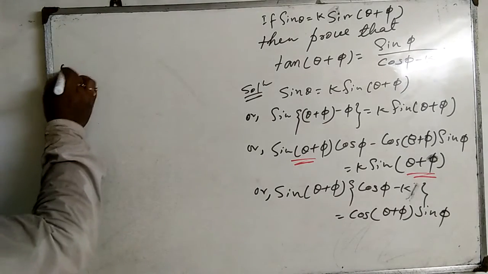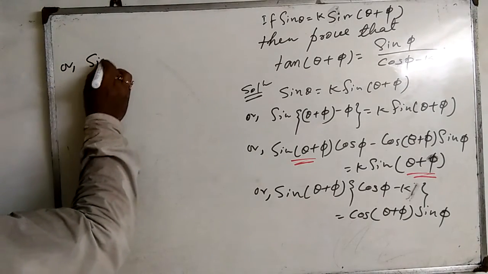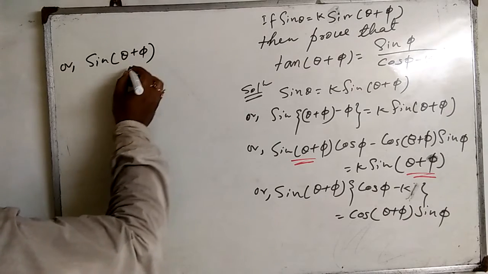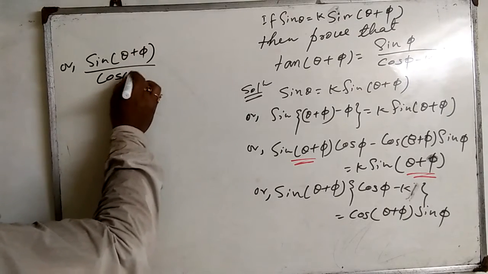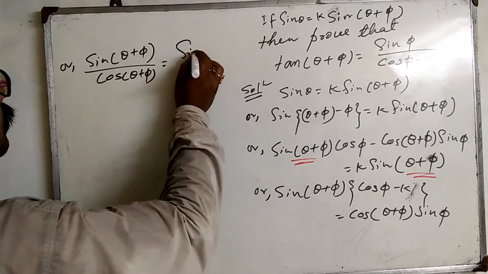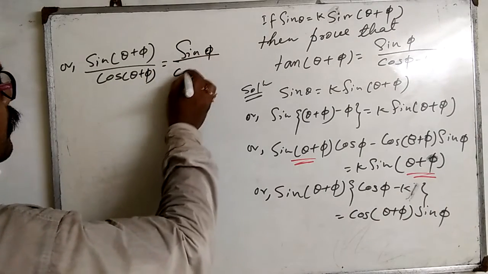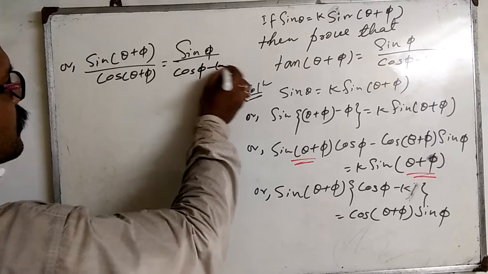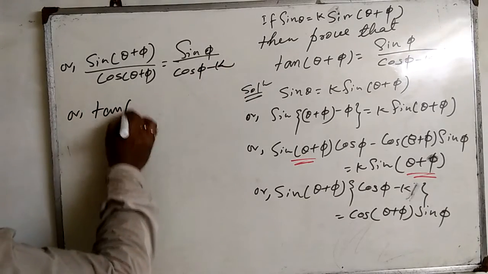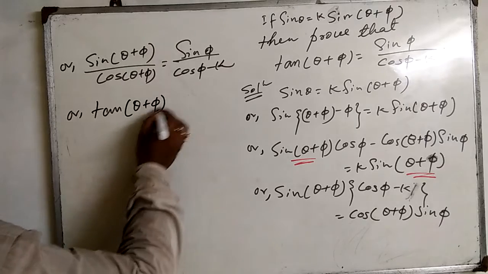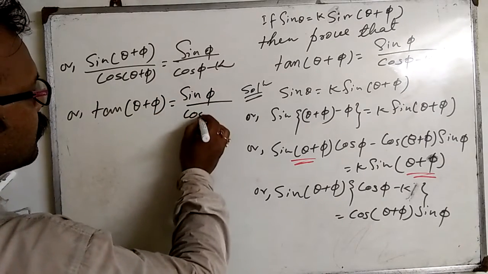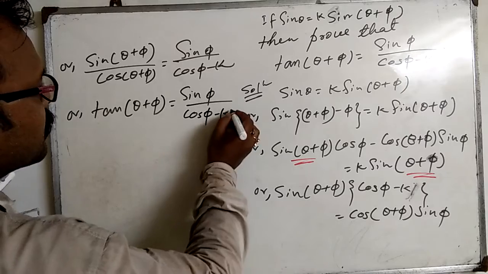Then we can write sin of theta plus phi by cos of theta plus phi equals to sin phi by cos phi minus k, or we can write tan of theta plus phi equals to sin phi by cos phi minus k.